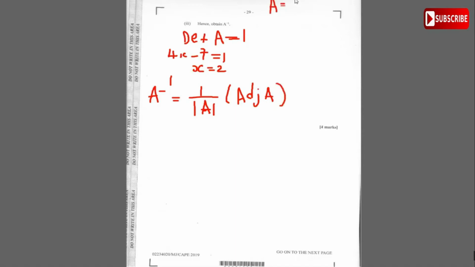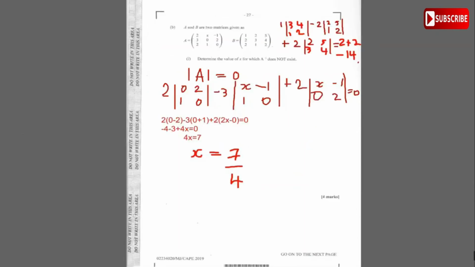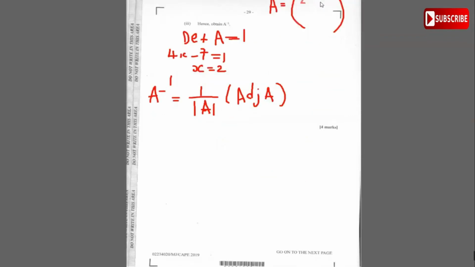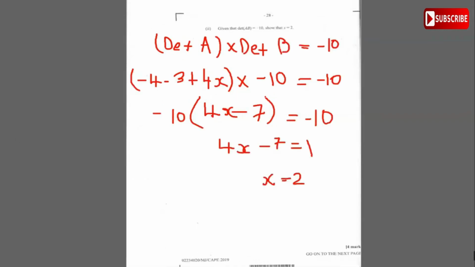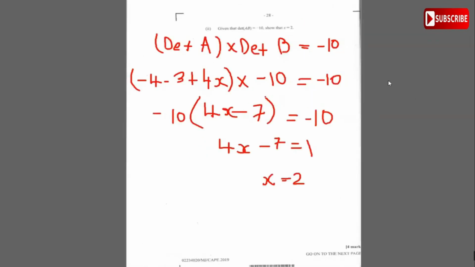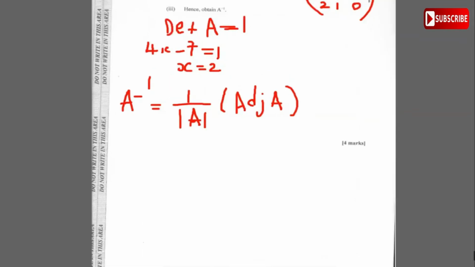A was 2x, which is 2, minus 1, then 3, 0, 2, and then 2, 1, 0.